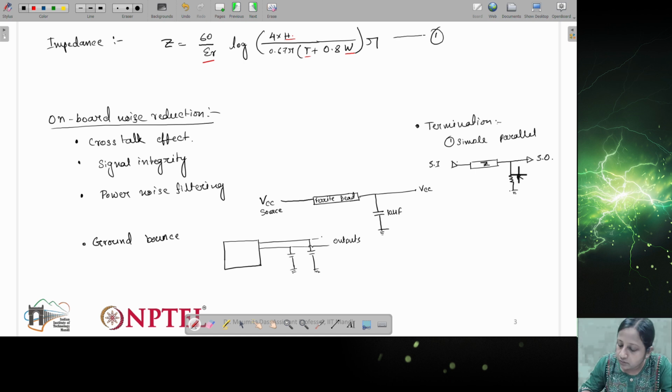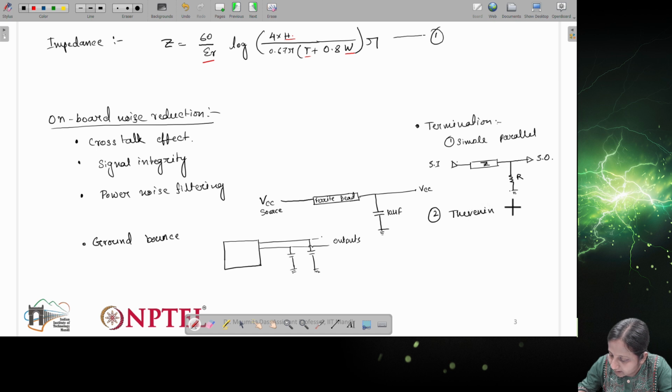Now there can be another method using Thevenin type of termination. This is an active type of termination, like source series termination. Another is Thevenin parallel termination.